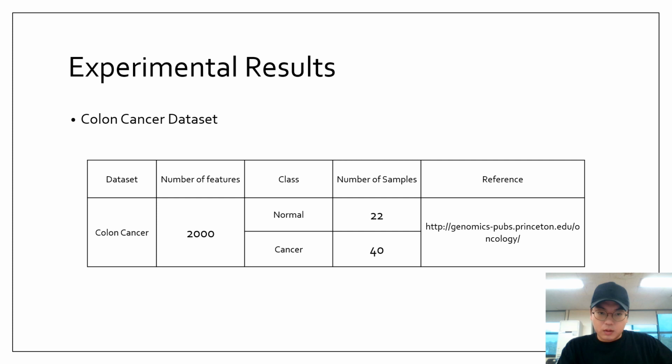It has information on 2,000 genes selected through the first selection process and consists of data from 422 normal persons and 40 colon cancer patients.